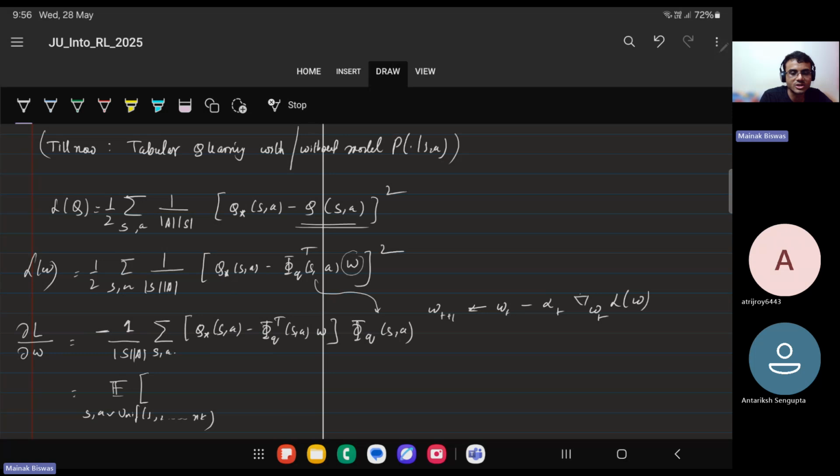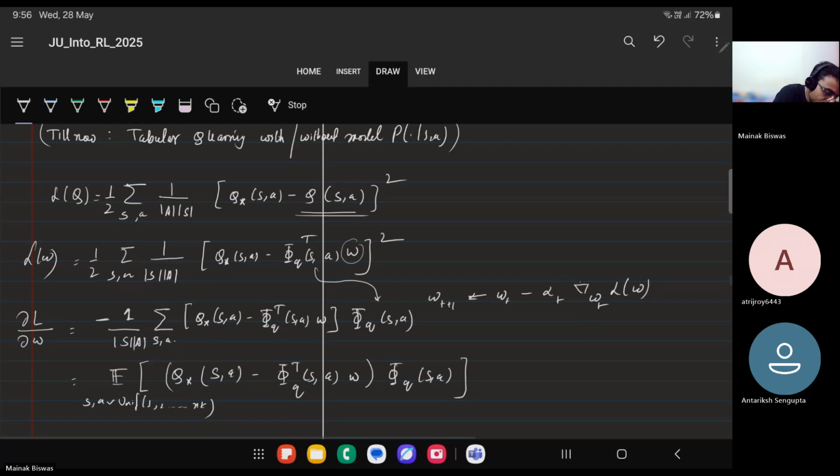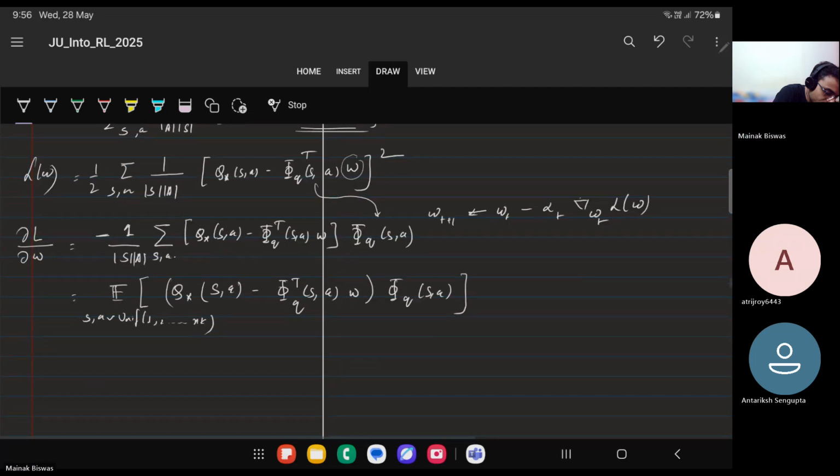This is the average of Q star of S comma A minus phi transpose of S comma A times W, into phi of S comma A. Clear? They are W T, so I will have W T over here. Very nice.